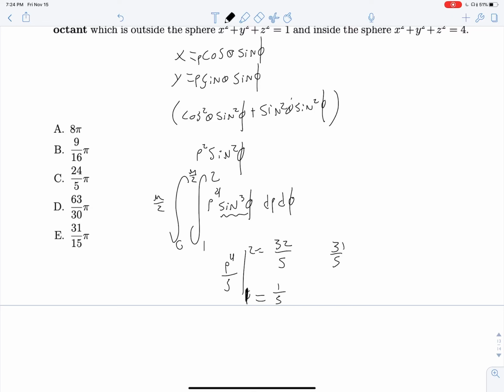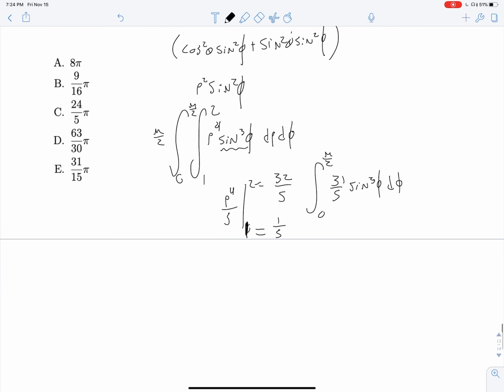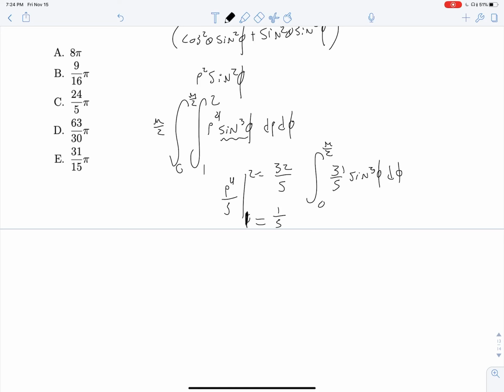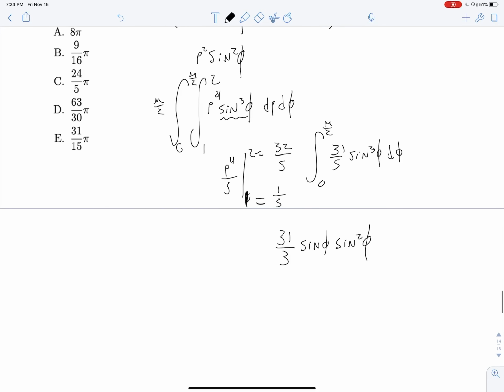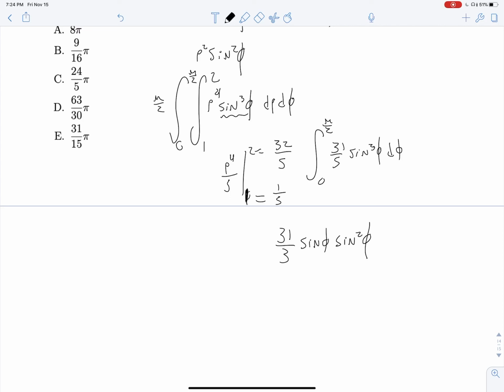These are some pretty yucky numbers, but it'll be okay. 31 over 5, and we'll set up our integral again over here from 0 to pi over 2 of sine cubed phi d phi, which we can evaluate using some u substitution and a little bit of trickery, because this is equivalent to 31 over 5 sine of phi sine squared of phi, which we can then mess with some more.